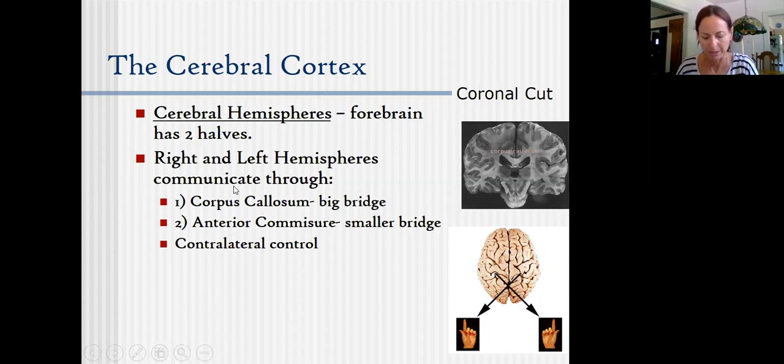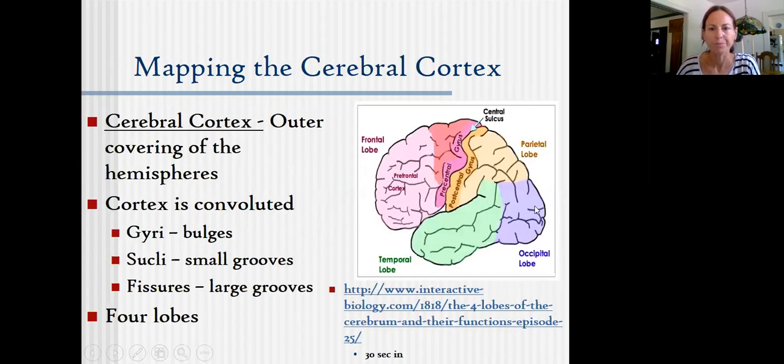They do communicate with each other through a couple of different routes. One is the corpus callosum, that big bridge there. And there's also a much smaller bridge below the two halves called the anterior commissure. So they definitely communicate half to half.